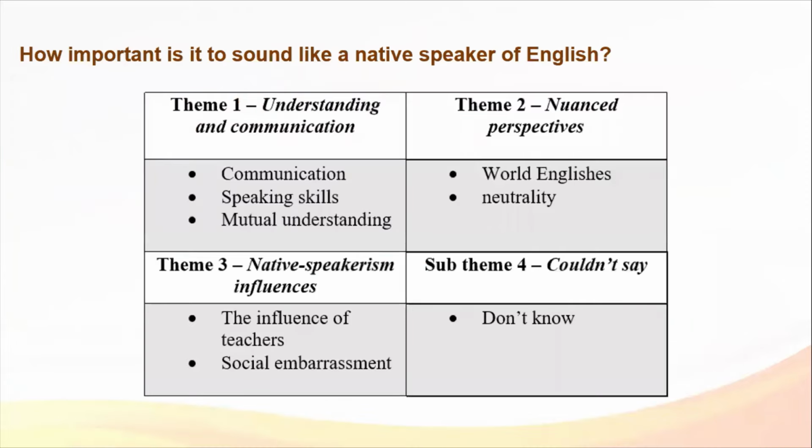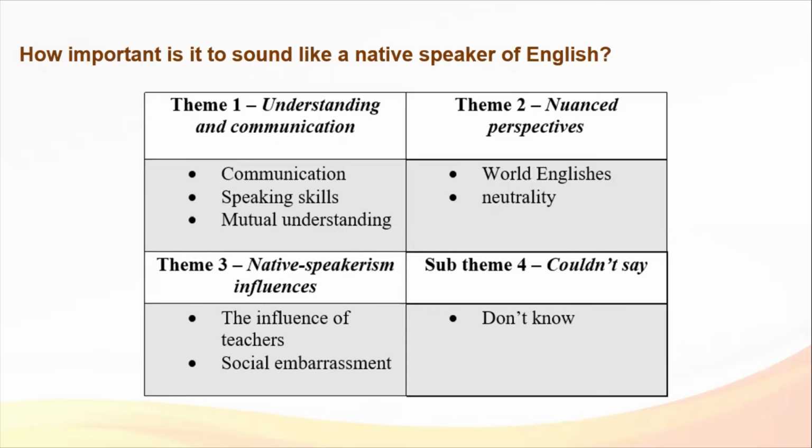Question 2, here are some findings. Here are the main themes. The question at the top: how important is it to sound like a native speaker of English? Theme 1 related that to communication and understanding each other, so speaking skills and mutual understanding. Theme 2, again, a more nuanced perspective. World Englishes was mentioned, and neutrality toward sounding like a native speaker.